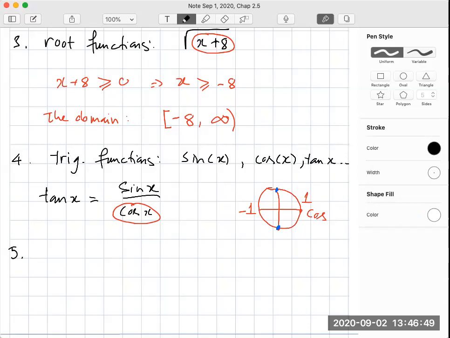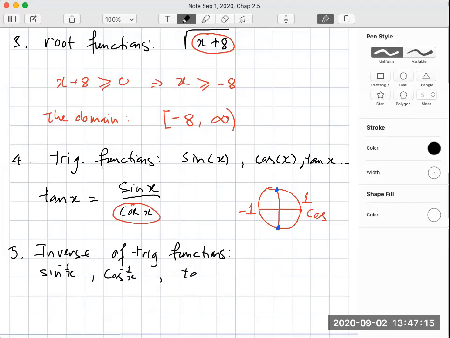So the inverse of trig functions, which are sine inverse or cosine inverse or tan inverse. Review the domain of these. Read the book.